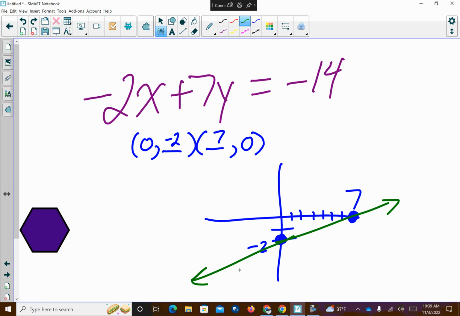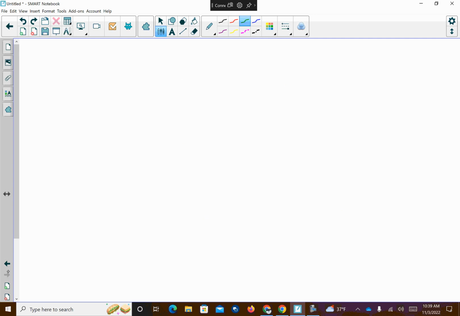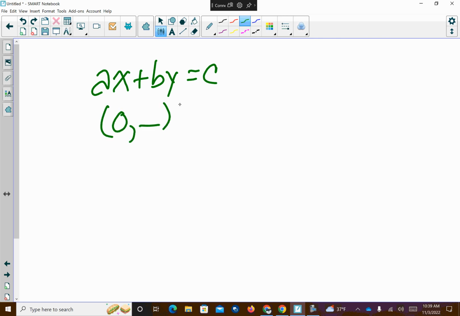So, let's see. My friends, something I'd have up on the board for tomorrow is this, and then right below this, I'll have 0, blank, and blank, 0. Now, is that problem worked out? No. AX plus BY equals C is just standard form.